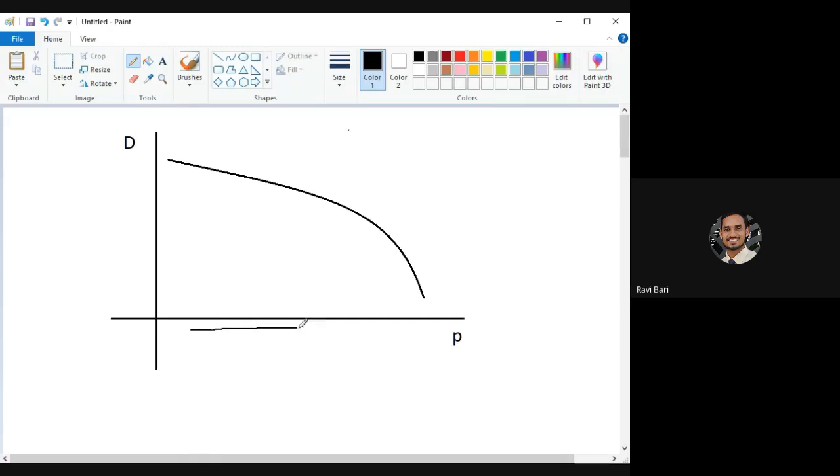And when the price is increasing, demand is decreasing. Right? So this is how we can represent the demand function graph.